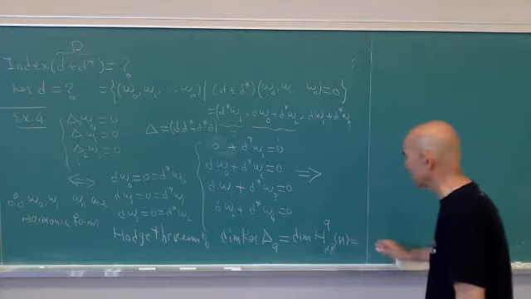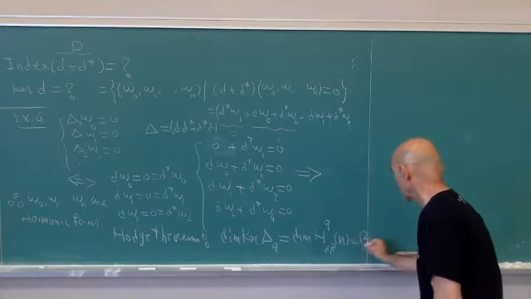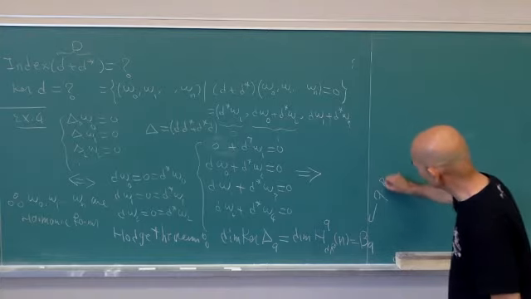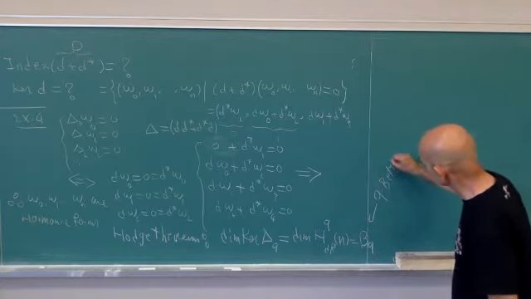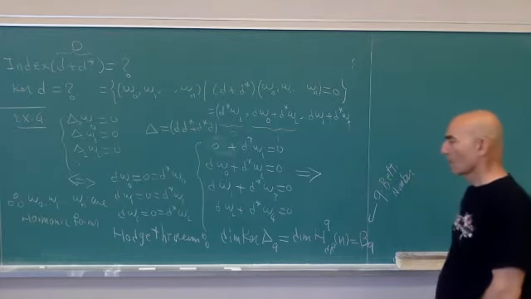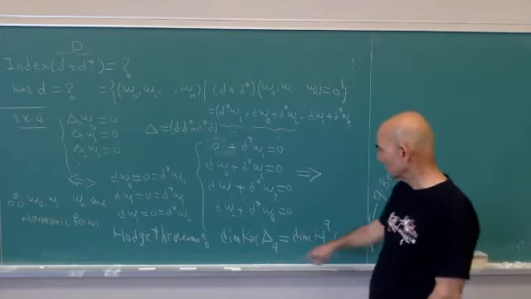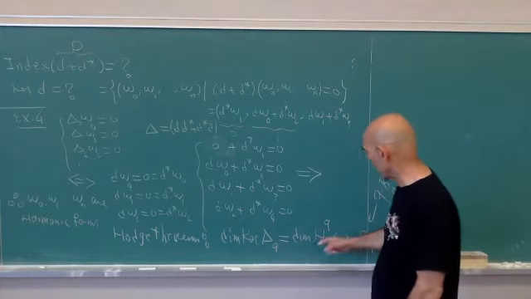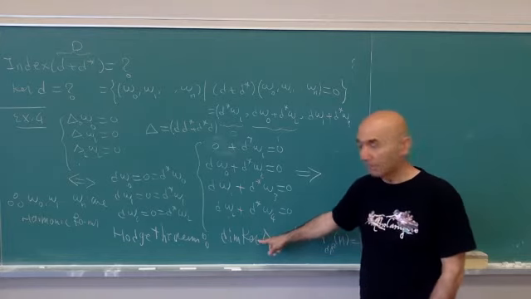This is called the Q-th Betti number, beta Q. Either this definition or other definitions of Betti numbers, they're all the same, and this is the dimension of the kernel.